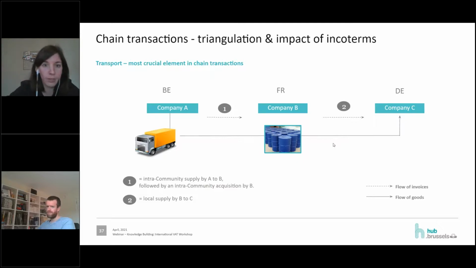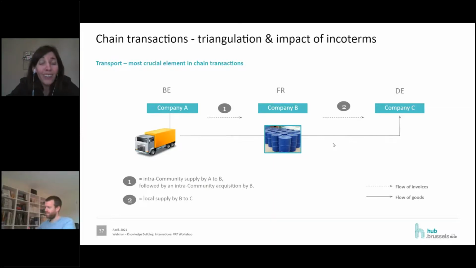Let's take another example. Same companies, same countries, but in fact the transport is performed by the final customer, the German one, company C. In that respect, the intracommunity transfer will be allocated in the relation between B and C, so between the French company and the German company, meaning that the supply between company A and B is a local supply.